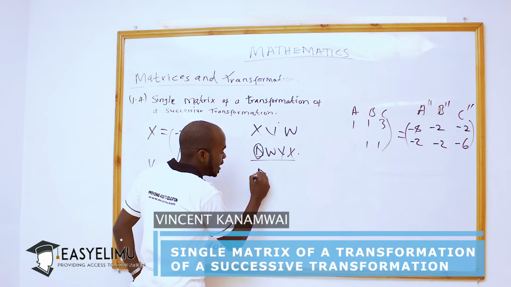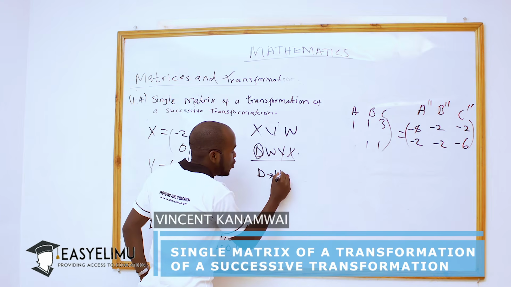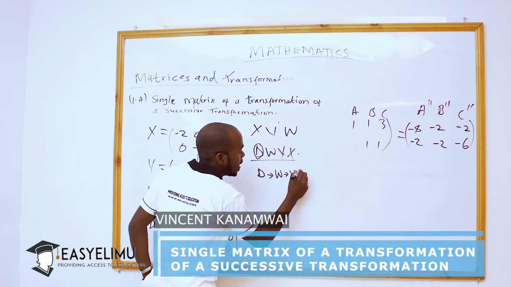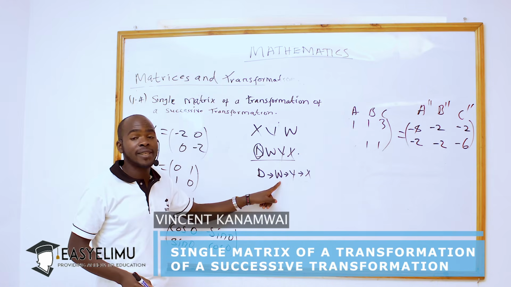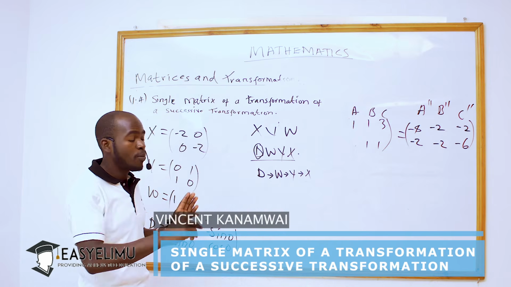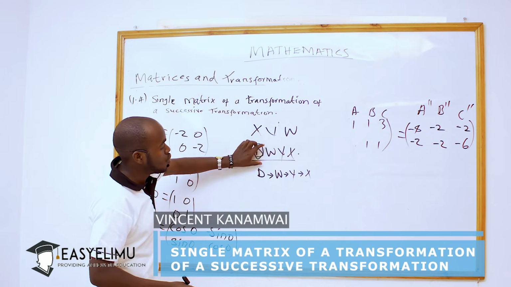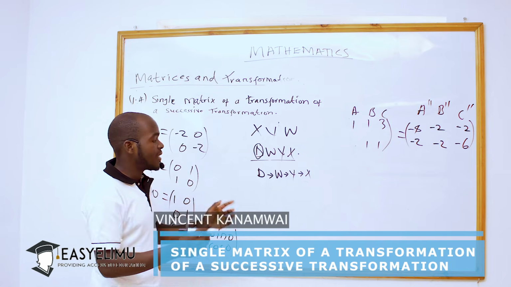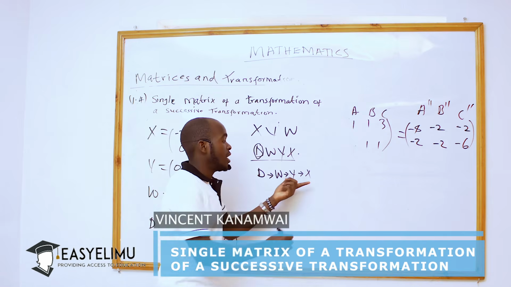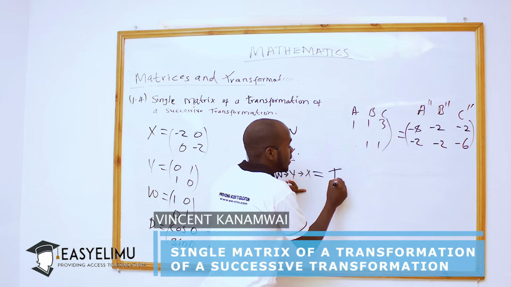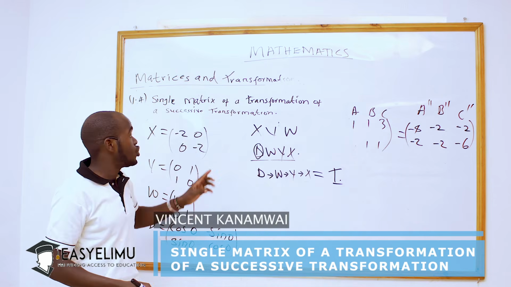You start with D, then W, then Y, and then X. You multiply the first two, then multiply the result by the third, then the result by the fourth. What you will have found is the single matrix of transformation.